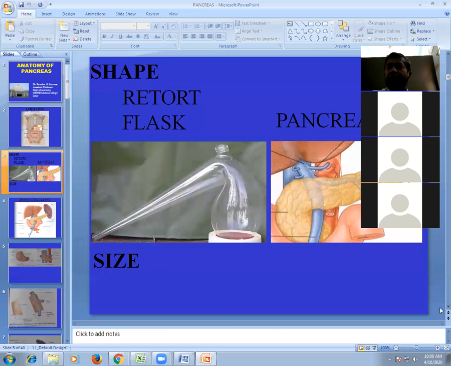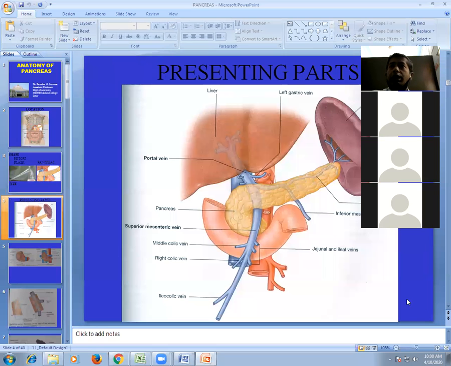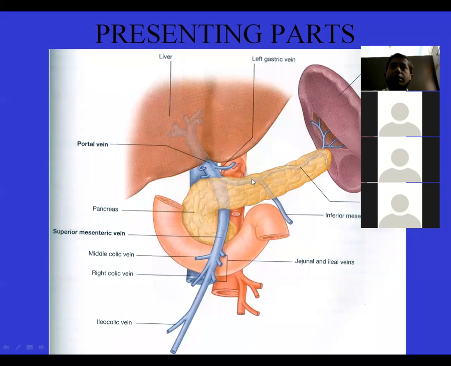It has different parts. This is the duodenum, and the pancreas is located in the concavity of the duodenum. Here, this is the head of the pancreas, where the cursor is moving.